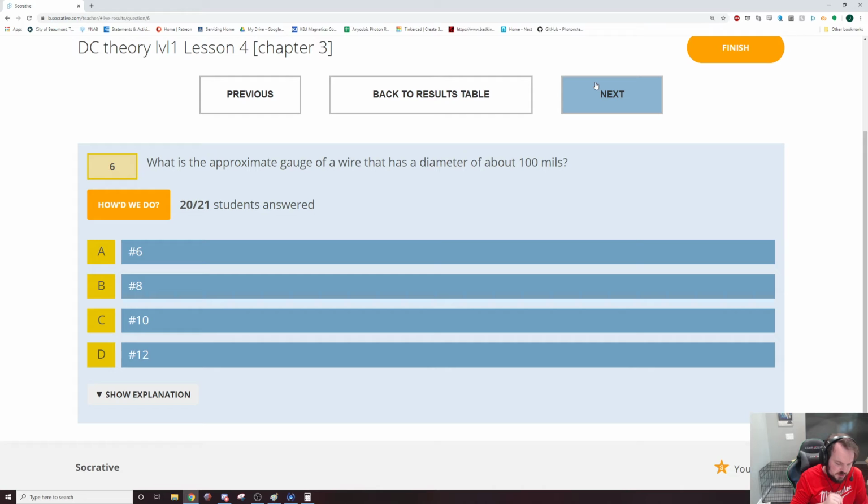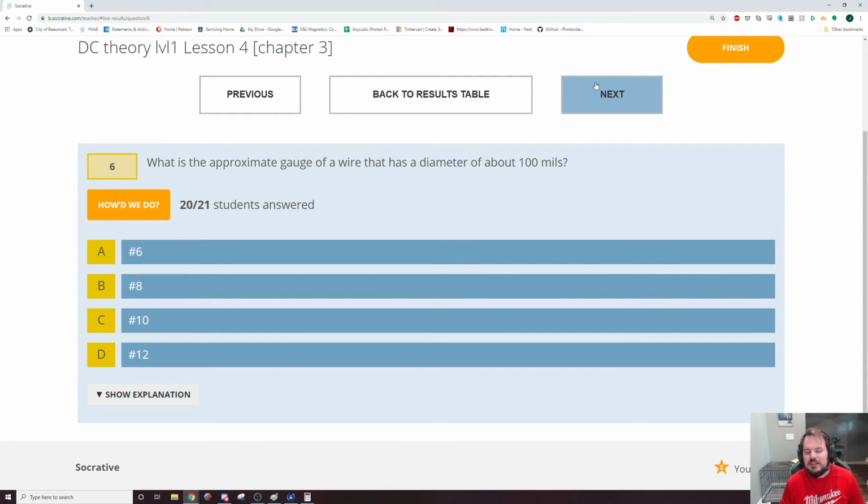I know this is tiny, but page 73 is where that is, and you just go down the circular mils column until you get to about 10,000, and that's number 10. Number 10 is the easiest to remember circular mil area size because it's 10,000.